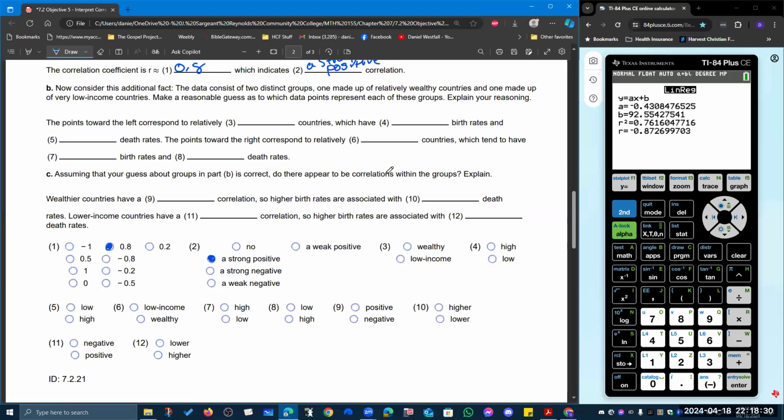So wealthier countries, let's see, the points to the left correspond with relatively wealthy countries, which have low birth rates and low death rates. The points towards the right correspond to relatively low income countries, which tend to have high birth rates and high death rates.